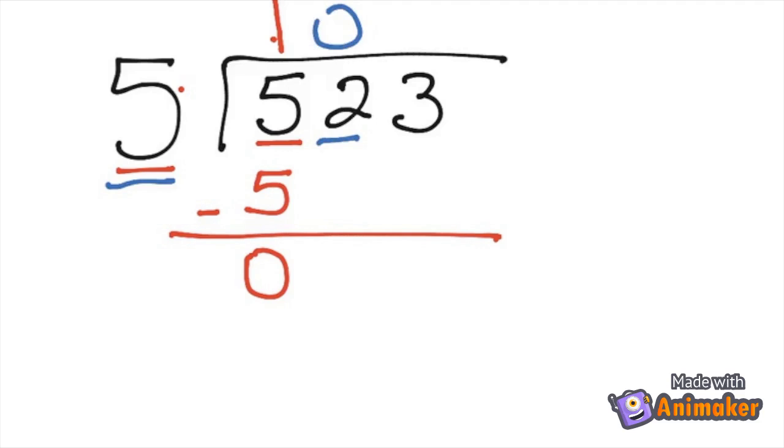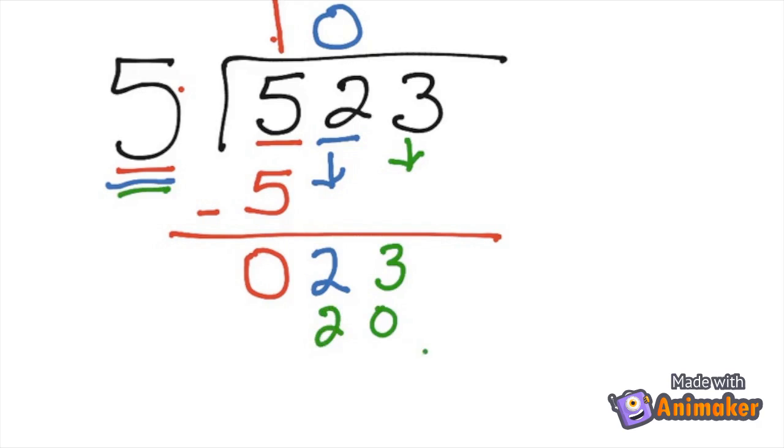So I'm going to put a 0 here, and I'm going to bring my 2 down. Now, I'm also going to bring down my 3 because 5 doesn't go into 2, so I need to make my number bigger. Now, 5 goes into 23 4 times.